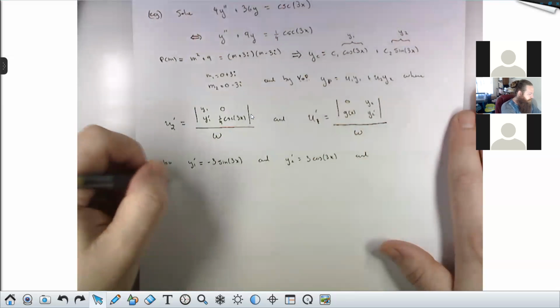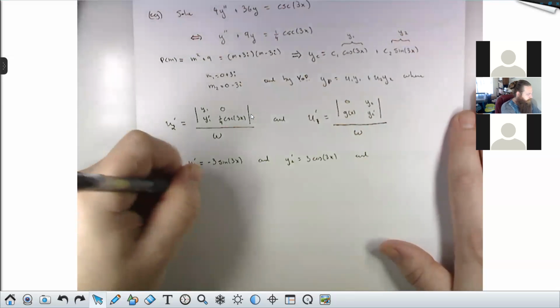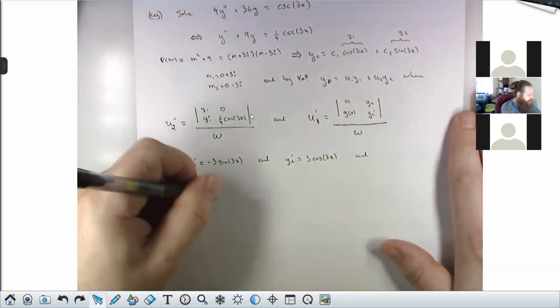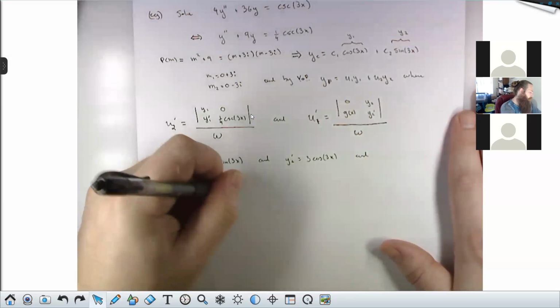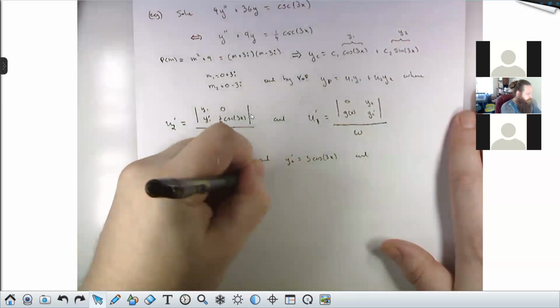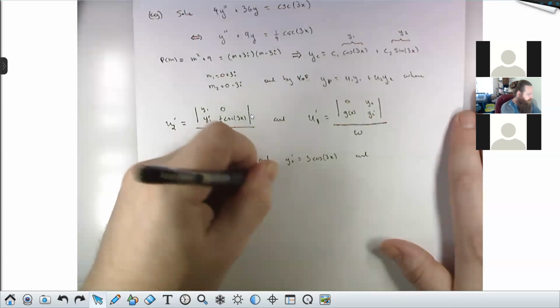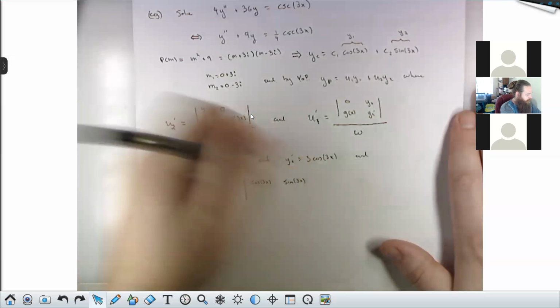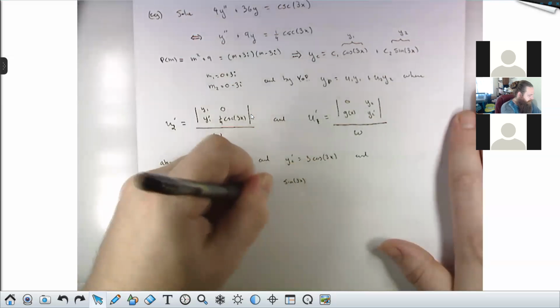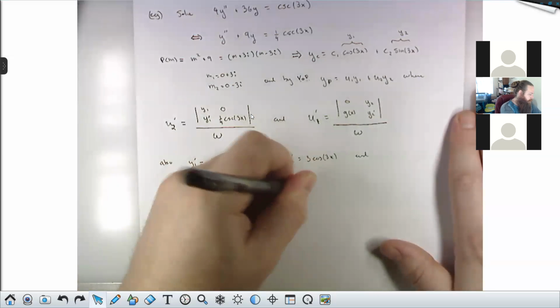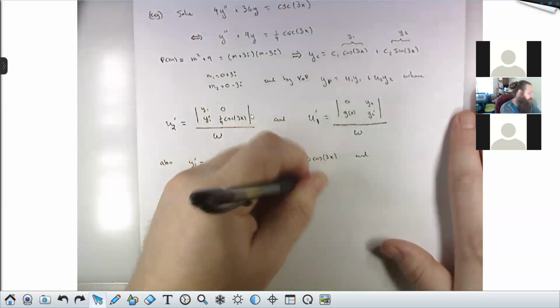Go ahead and calculate w here. W is the determinant of y1, y2, y1 prime, y2 prime, which is the determinant of cos 3x, sine 3x, -3 sine 3x, 3 cos 3x.